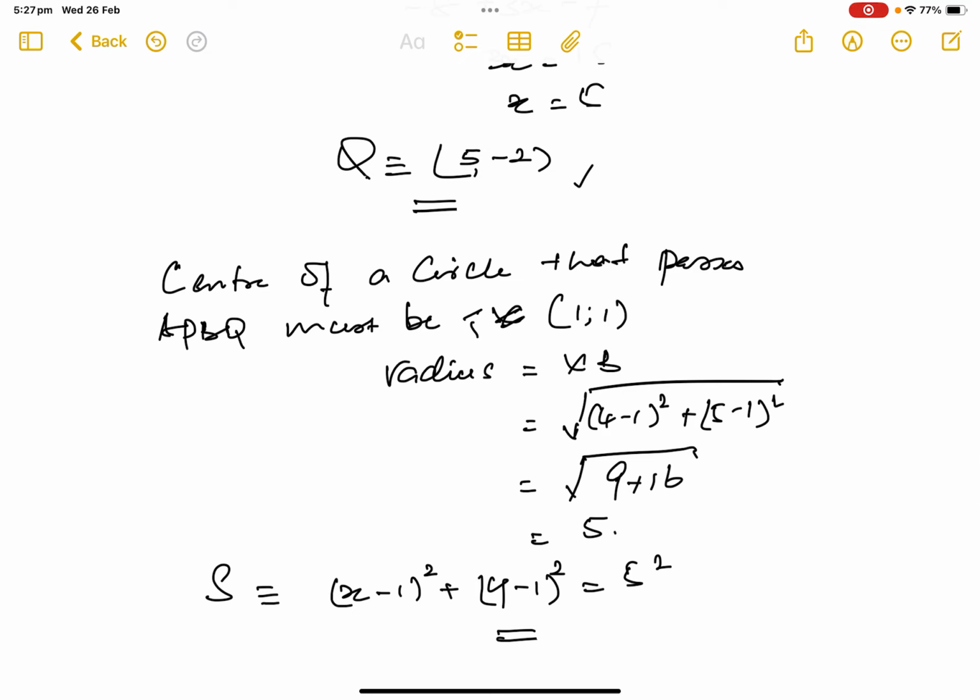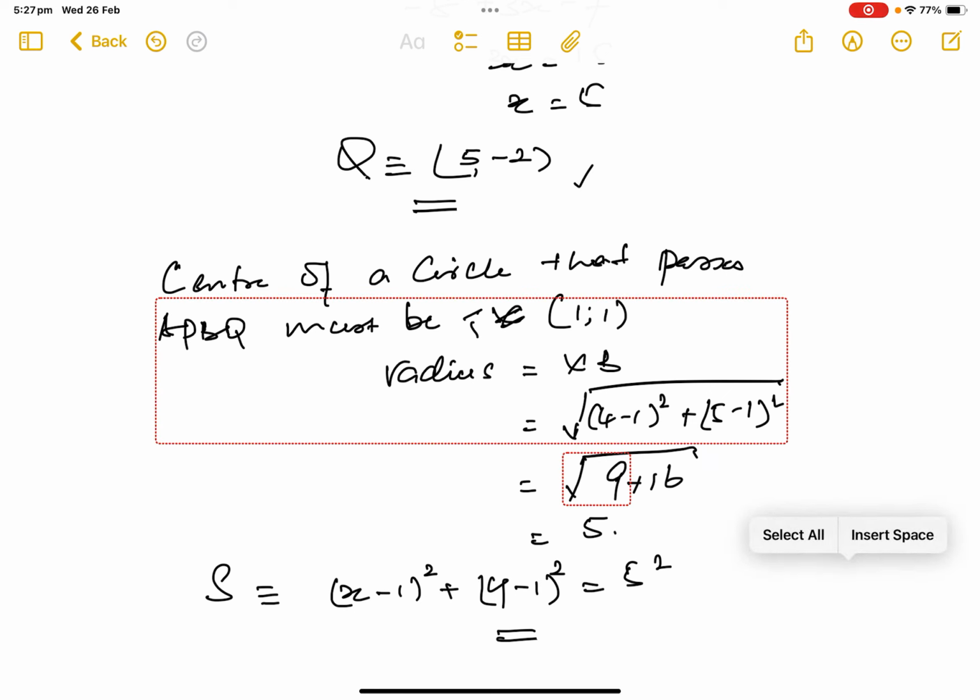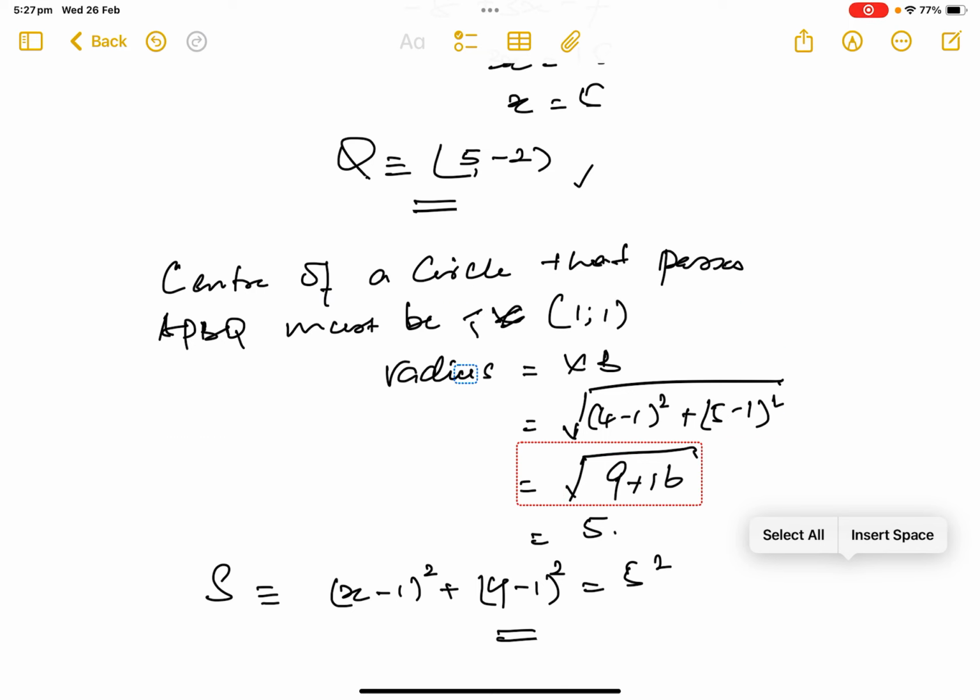And the radius can be anything, so TB or TA or TP or TQ, whatever. It is easier to use TB. So the center is 1, 1. The radius is the distance TB, the distance between two points, and we know the coordinates.